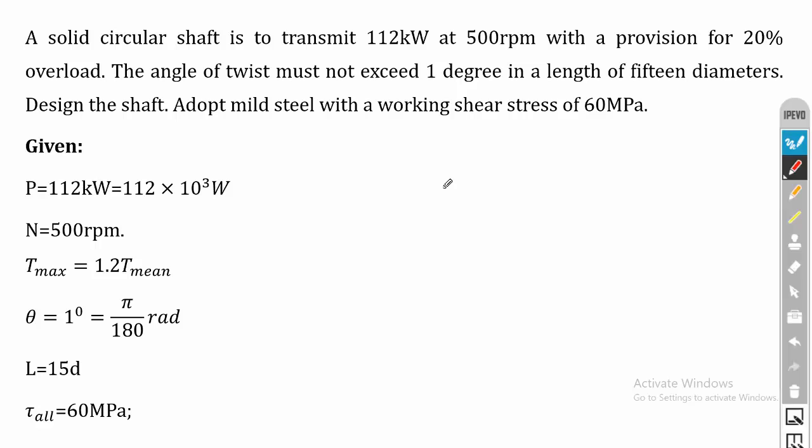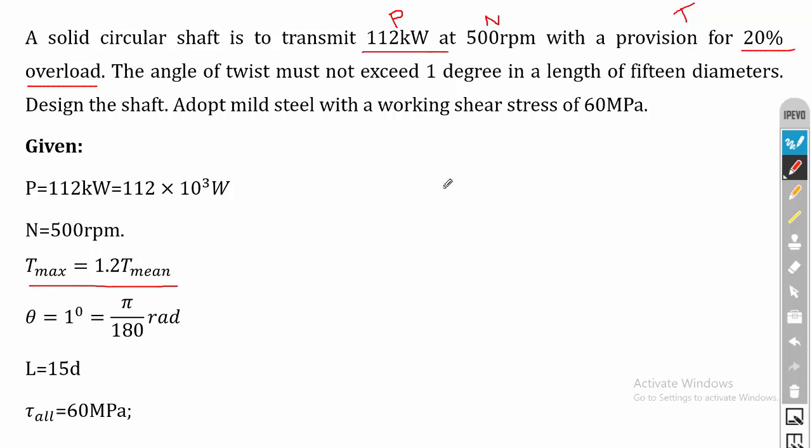A solid circular shaft is to transmit 112 kilowatt at 500 rpm with the provision for 20% overload. We know that 20% overload means T maximum is equal to 1.2 times T mean, that is mean torque.